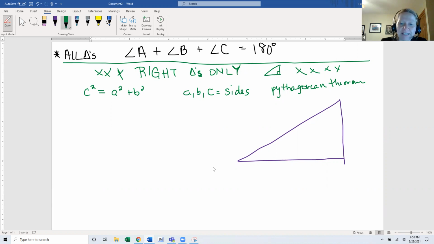So for example, I'm going to make this angle A and this one up here angle B. And this would be my 90. And this is going to be angle C.